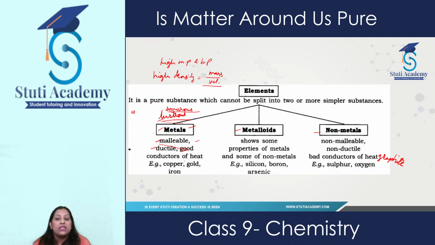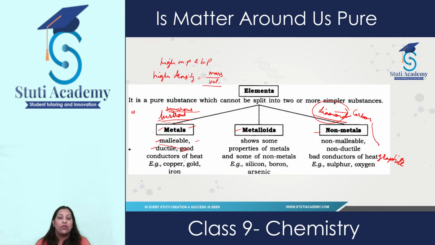Then non-metals are non-lustrous. They don't have any shine, except one non-metal which is the brightest among all the metals and non-metals. That's diamond. Yes, diamond is a non-metal. It is an allotrope of carbon. Carbon exists in nature in two forms, diamond and graphite.